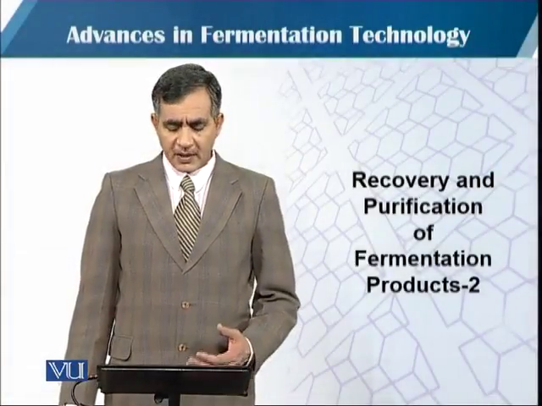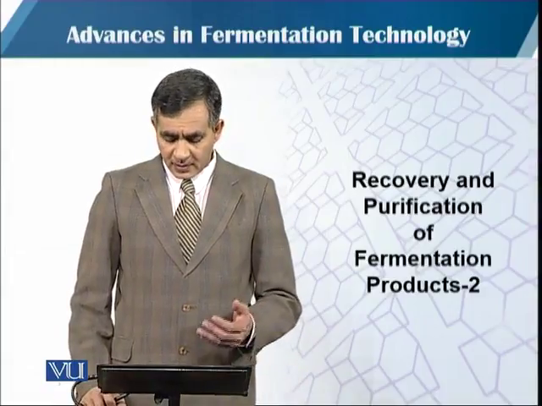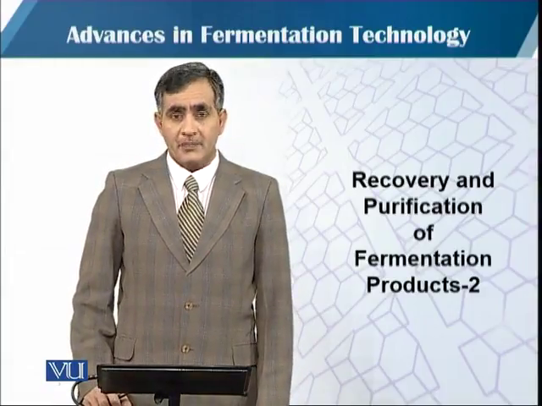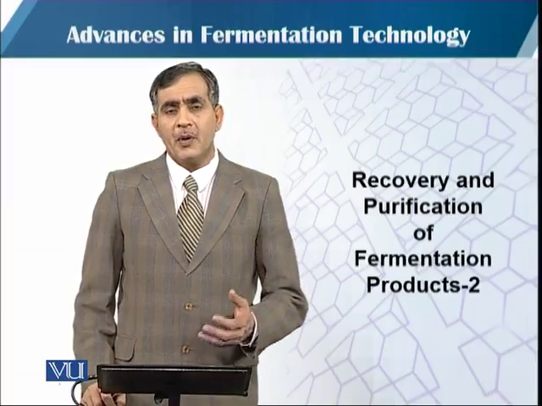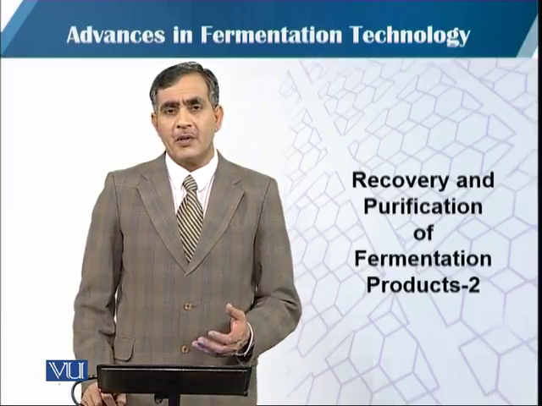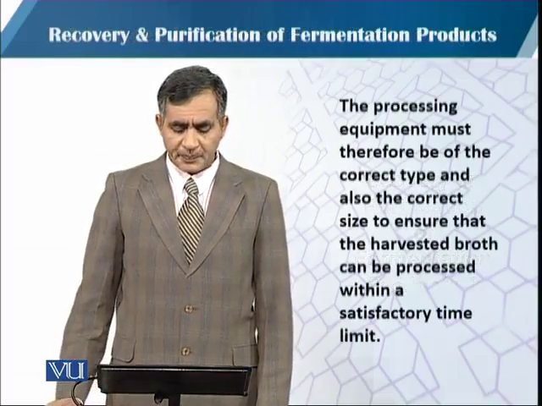In this module, we will again talk about the downstream process. As we already discussed in our first module, depending upon the localization of the product, we have to proceed with our recovery and purification steps.